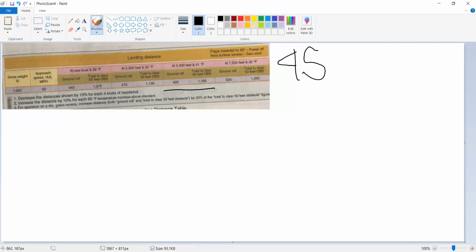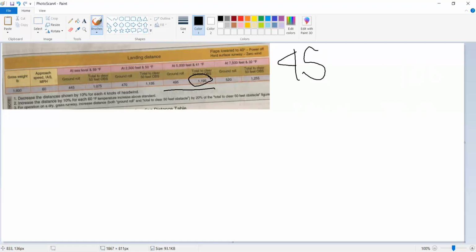Okay. So we have to figure out how many feet then. All right. And looking at the discussion, under standard conditions, the distance to land over a 50-foot obstacle at 5,000 feet is 1,195.